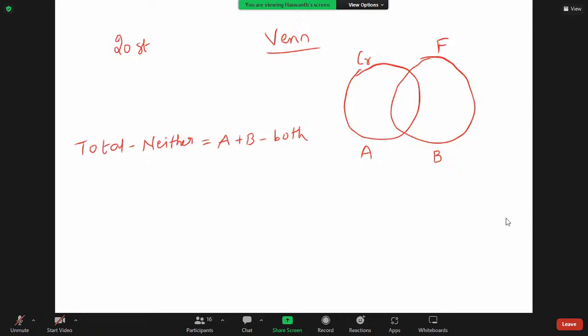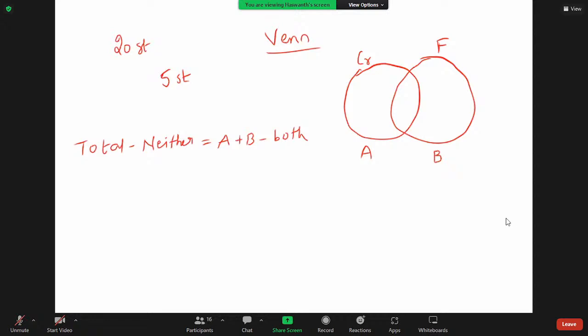Now in this class, there is no mandatory requirement that everyone must play one of these games. There might be some students who are not interested in playing cricket or football. Let's say 5 students are not playing cricket and not playing football.